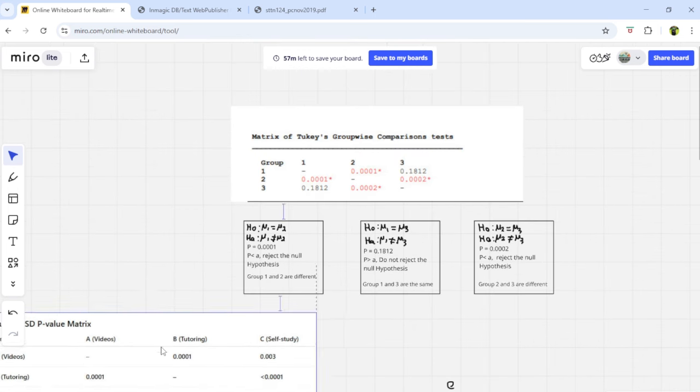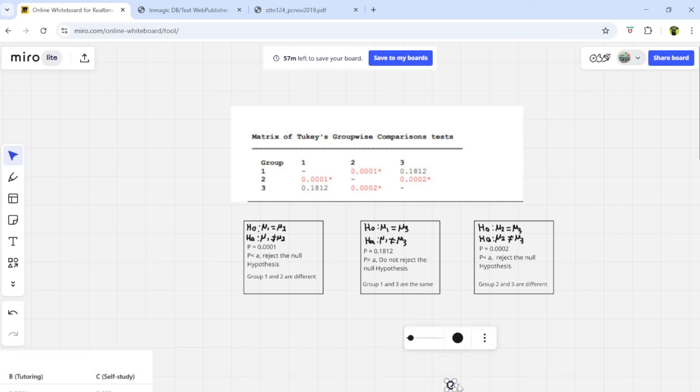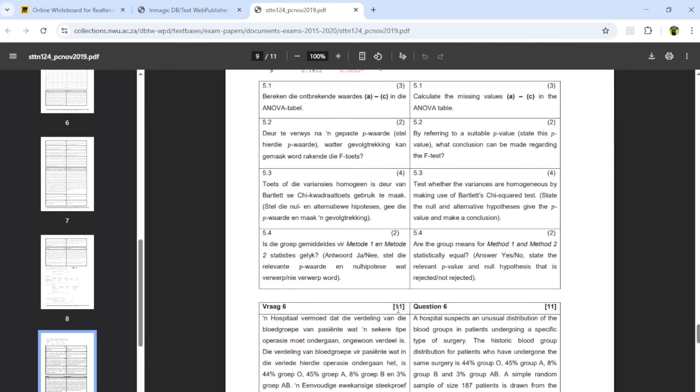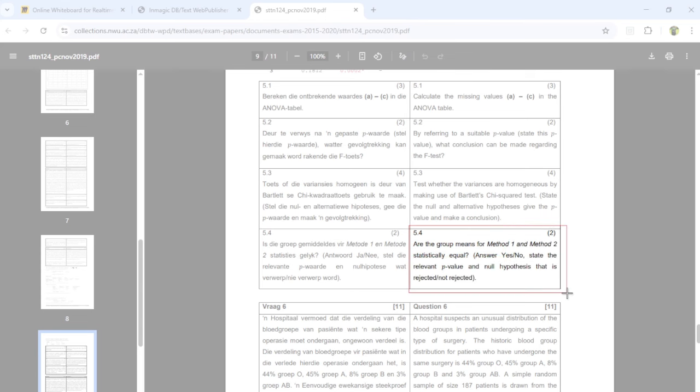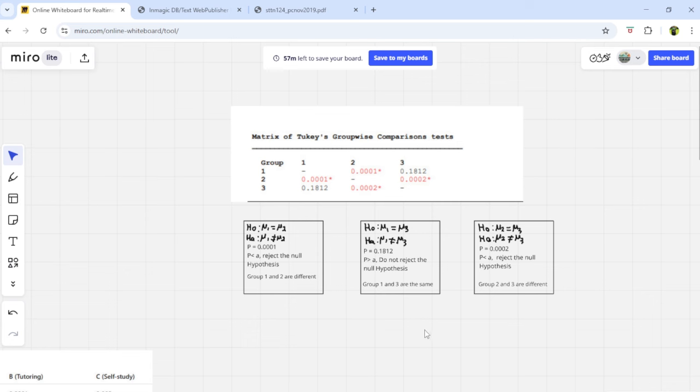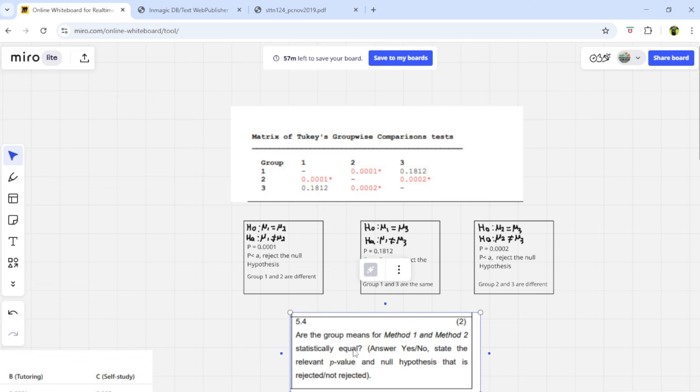Now, this is how you do Tukey's groupwise comparison test. From here, you're going to check what the question is saying. Let's take an example from this and look at what the question said in this case. Let me just take a screenshot of this as well. The question was asking: are the group means for method 1 and 2 statistically equal?